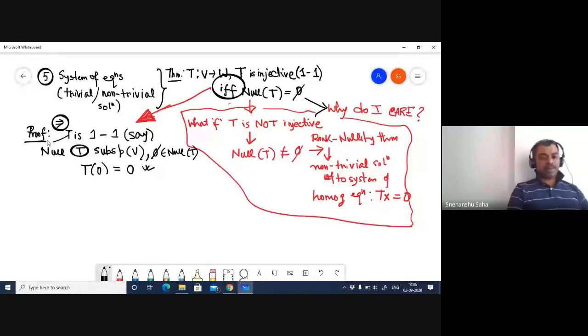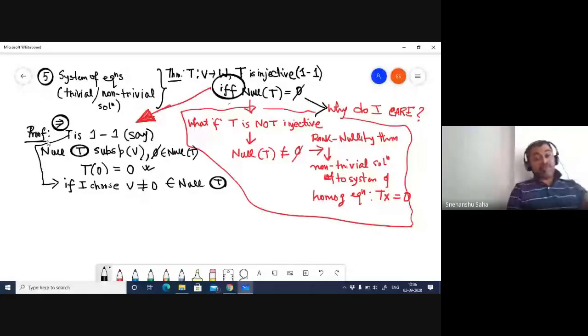What that means is, if I choose another non-zero vector v in null of T, then by the definition of null of T, I will have Tv equal to 0, isn't it? Because this is the definition of null of T.